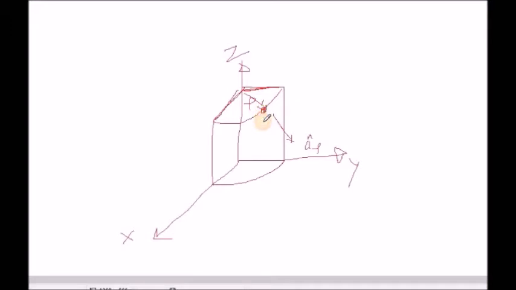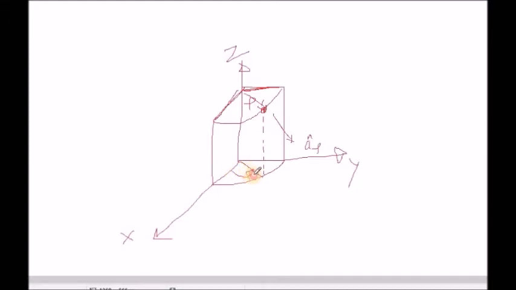Then just draw a line parallel to this Z, which cuts this curved line, and then just meet these 2 points, this point and this point.